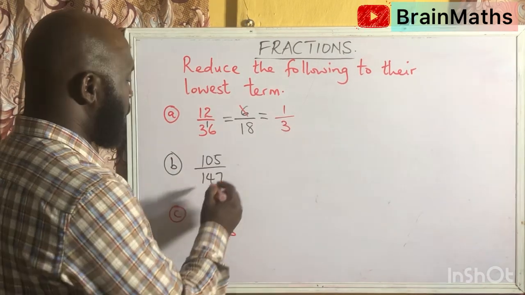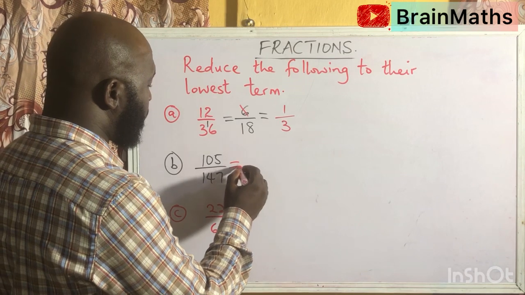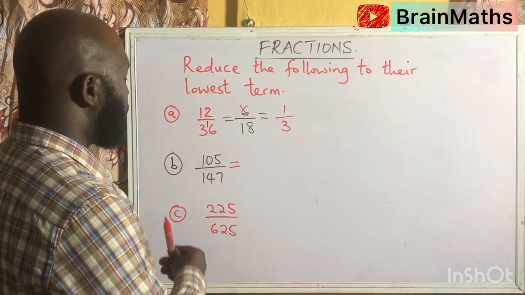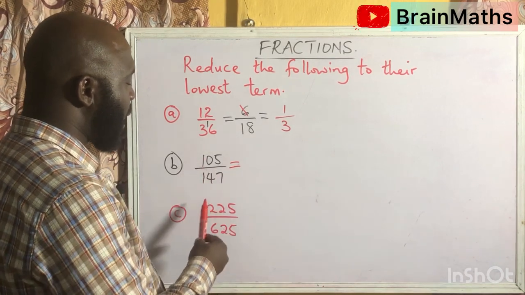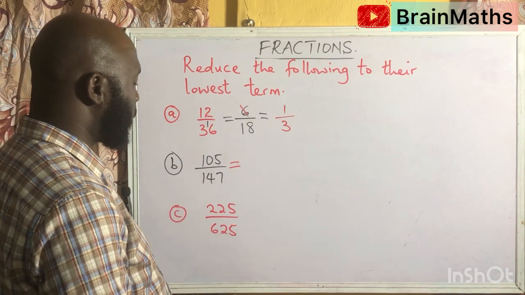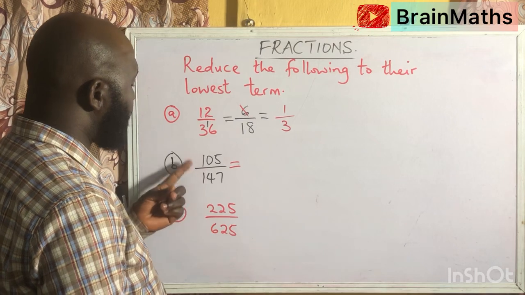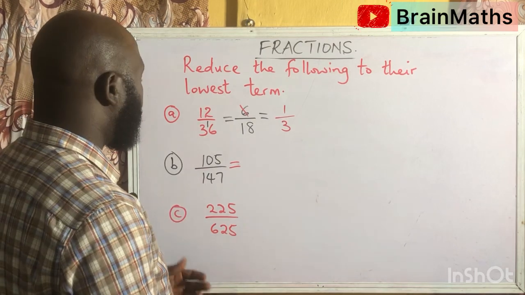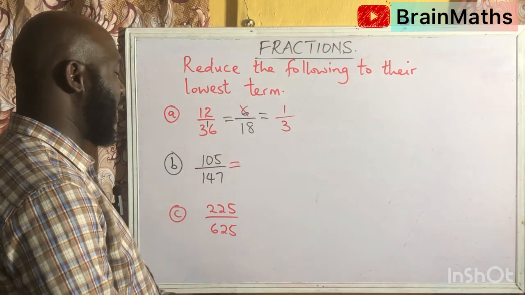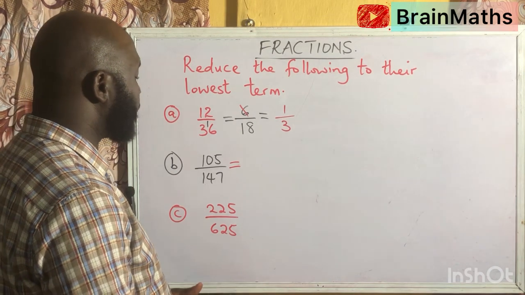Coming to question B, we have to reduce 105 over 147. So we need to test which number will divide the two of them. Let's start with 3.